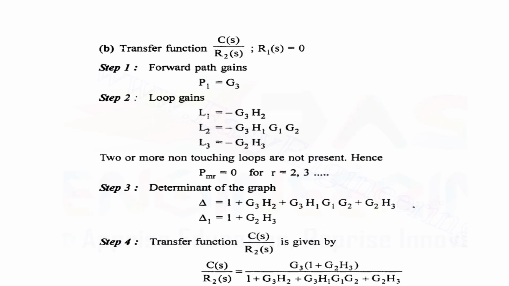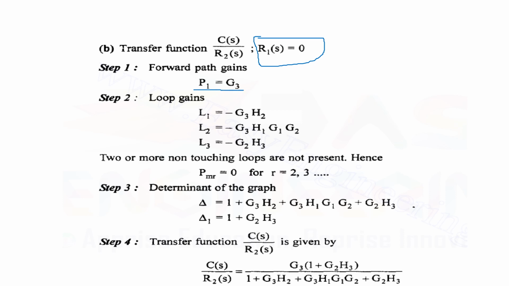Now this is for the first case. Now coming to the second part, now I need to make my R1 as equal to 0 and then I need to evaluate my signal flow graph. Okay, when you take your R1 of S as equal to 0, your signal flow graph will give the forward path like this.